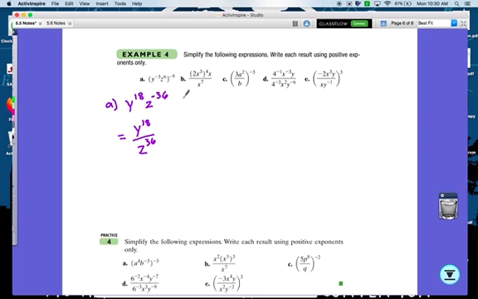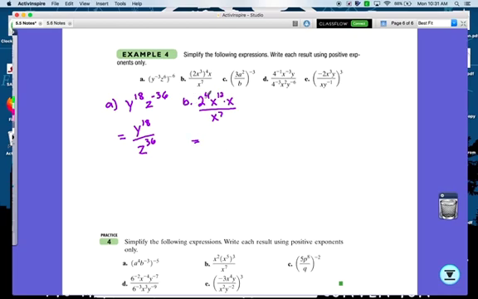All right, B. I'm going to go ahead and do the power first. All right, so 2 gets raised to the 4th power. X to the 3rd gets raised to the 4th power, means I multiply, so x to the 12th. And I also have that other x up there, all over x to the 7th.